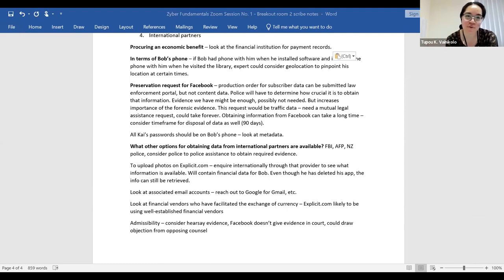Instead of going to Facebook, which might take very long to get logging information, which is traffic data, you could also go through the FBI. I know Fiji has their FBI counterparts there. There's also the Australian Federal Police and New Zealand Police, who work very closely with our police in the Pacific. They could also assist in gathering evidence.